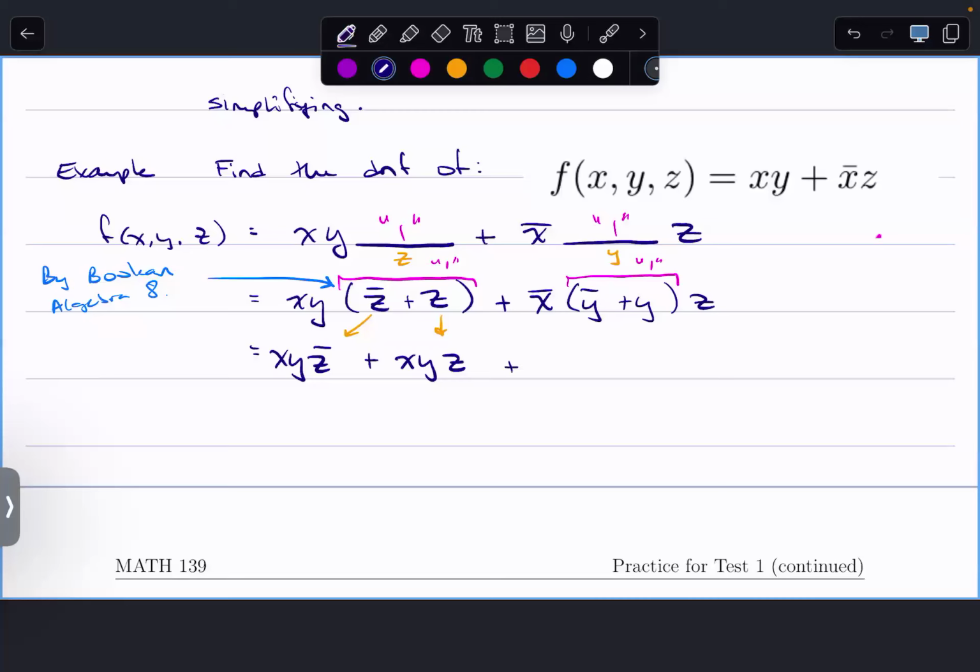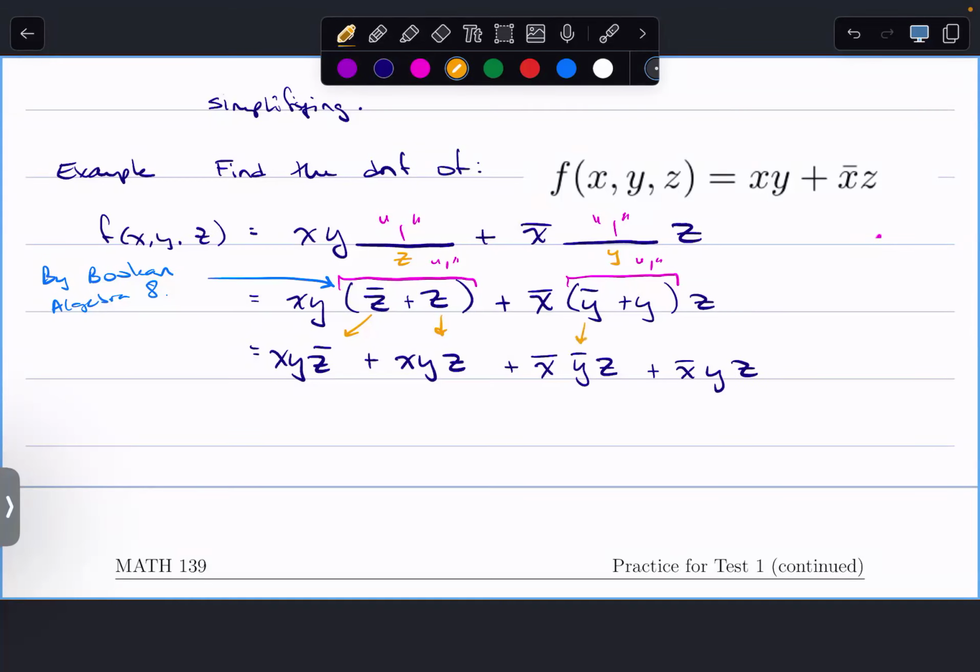So then I can do the same thing, right? The x bar and the z are just wrapping around the y bar plus y. But as long as you make two different terms from there, then you're safe. And so, keeping them in alphabetical order, x bar, y bar, z plus x bar, y, z.